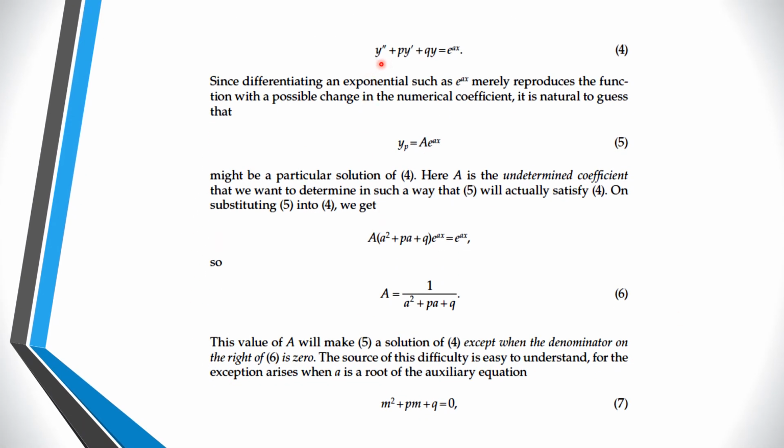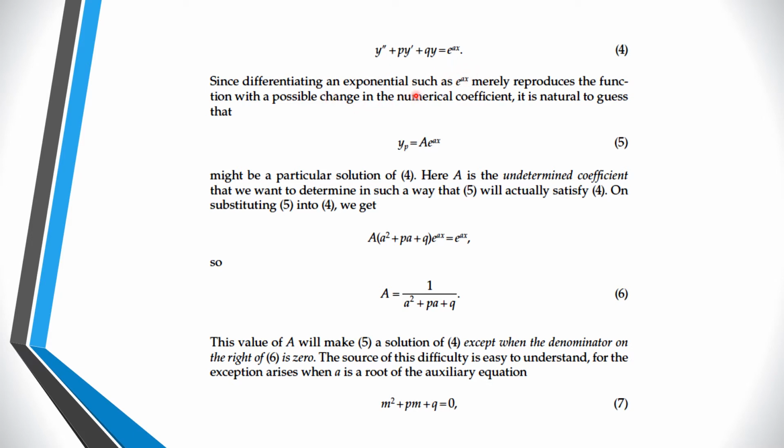So we are given the equation y double prime plus p y prime plus q y is equal to e to the power ax. We have to find the particular solution of this differential equation using the undetermined coefficient method. In this case, on the right hand side we have the function e to the power ax.